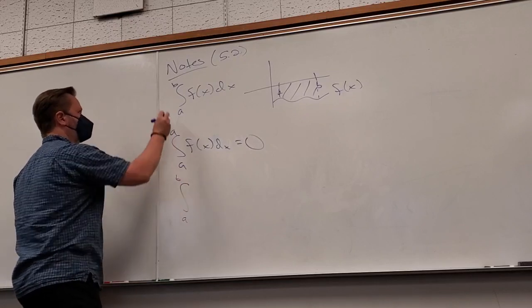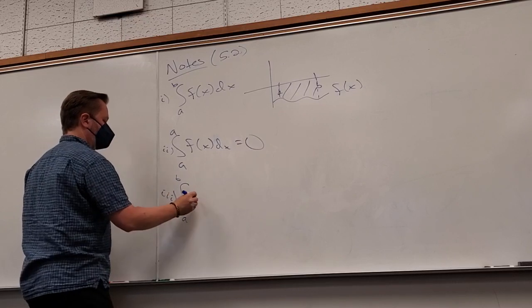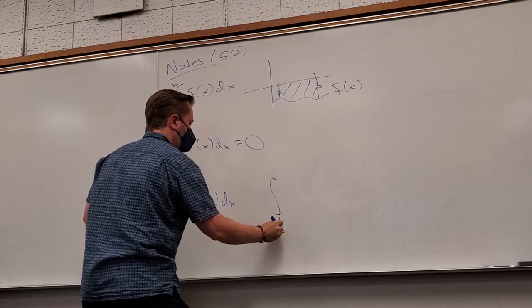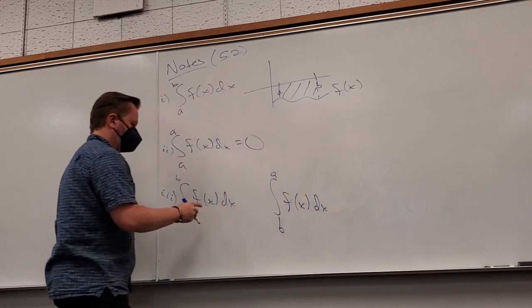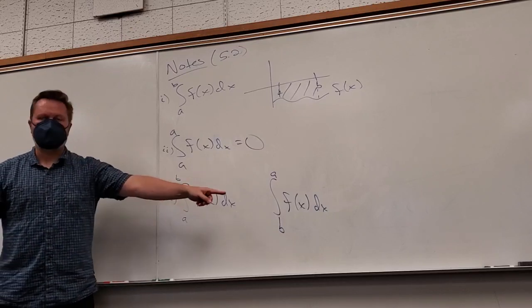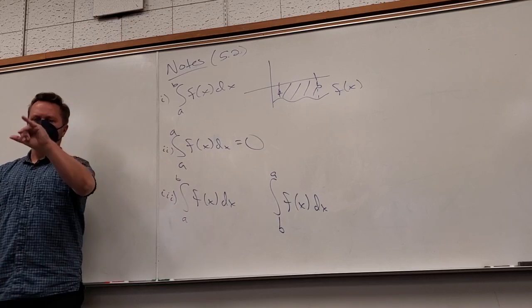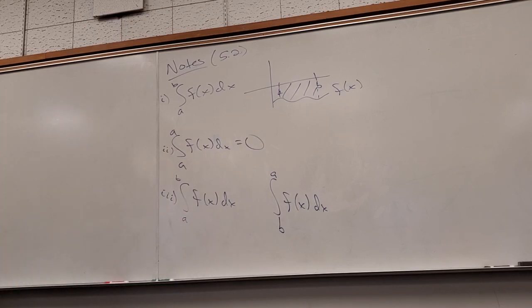Now, if I have this, so here's 1, 2, 3. If I have this, how does that relate to this? What's the relationship between this and that? The answer is going to be the same, just opposite sides. Because what do a and b do when I'm trying to do the summation stuff, the infinite something we all love? What do they set up? What's the very first thing I calculate?